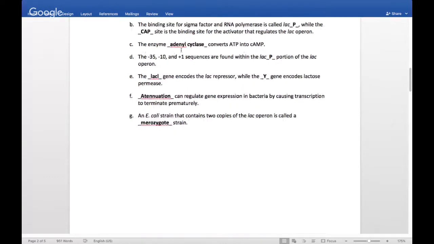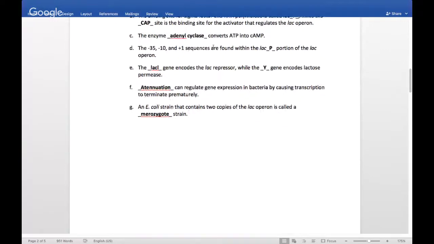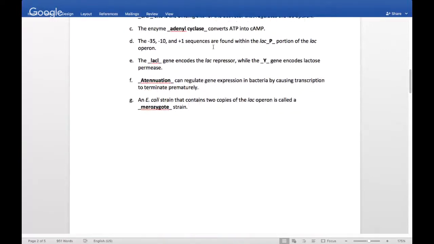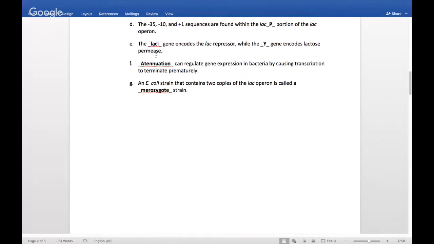This is in reference to the enzyme adenyl cyclase that converts ATP to cyclic AMP. The special sequences, the -35, -10, or the +1 sequences, are found within that LAC-P portion of the lac operon, the promoter. The LAC-I gene encodes the LAC repressor, while the LAC-Y gene encodes lactose permease.